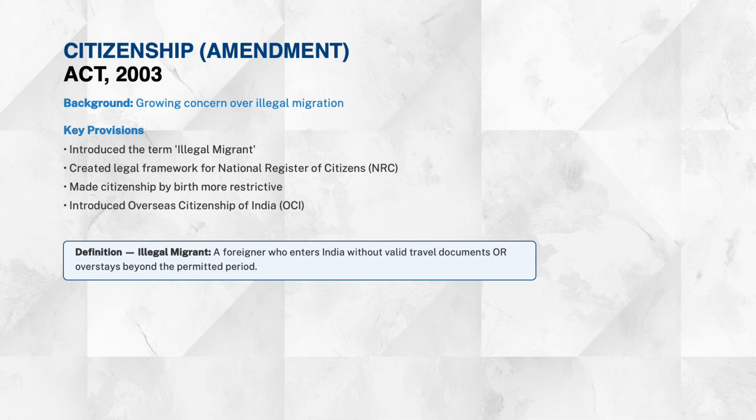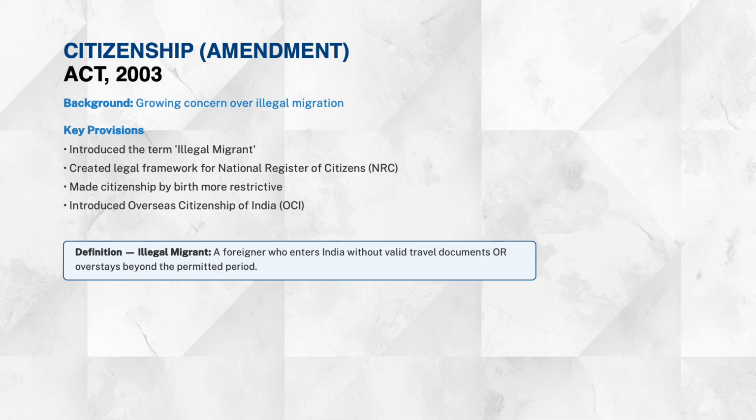It was only in the year 2003 that the term illegal migrant was defined. Please read the definition of illegal migrant. A foreigner who enters India without valid travel documents or overstays beyond the permitted period.